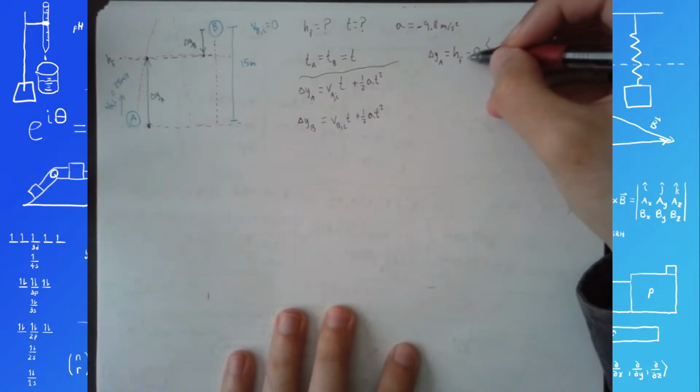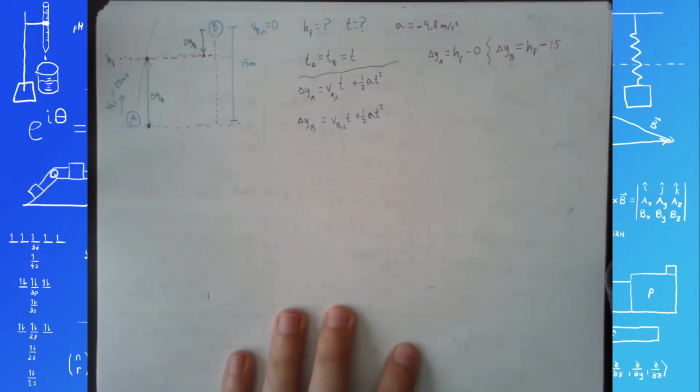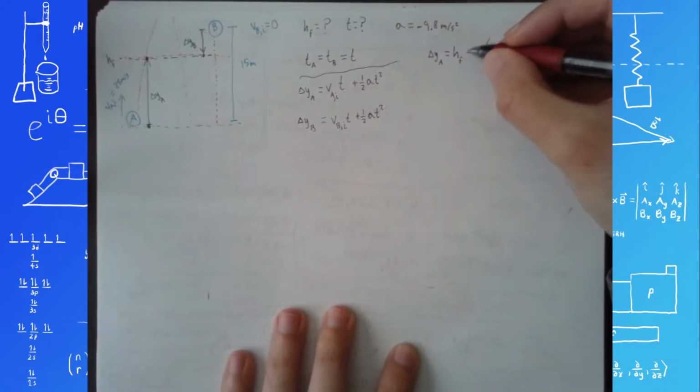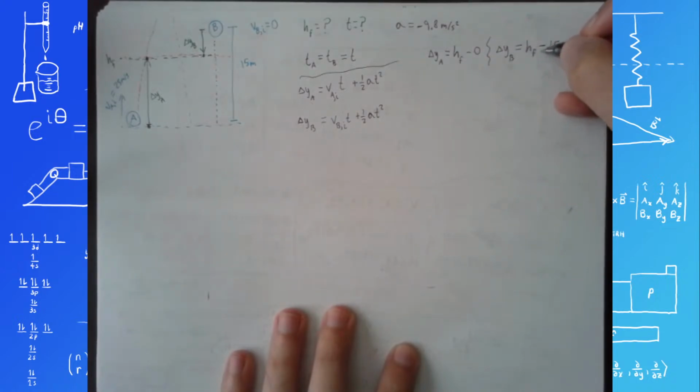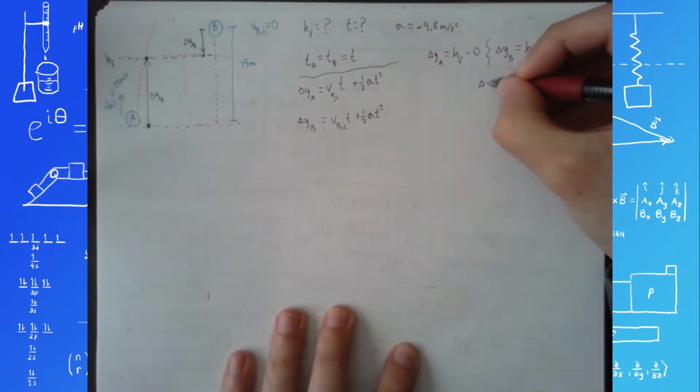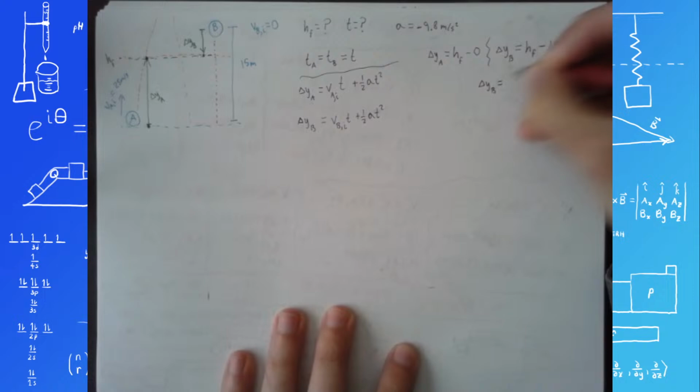Well, delta YA is just equal to H final, so over here I can replace H final with delta YA. So delta YB equals delta YA minus 15.